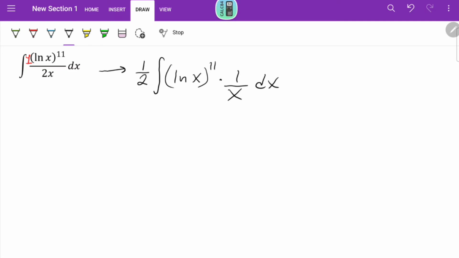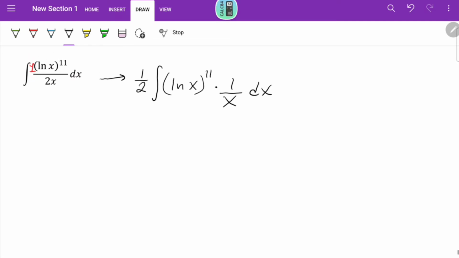And what do you know? Look at it. We know that the derivative of the natural log of x equals 1 over x. We can say let u equal the natural log of x, also because that's the inside part. So now let's draw a new integral. 1/2 integral.